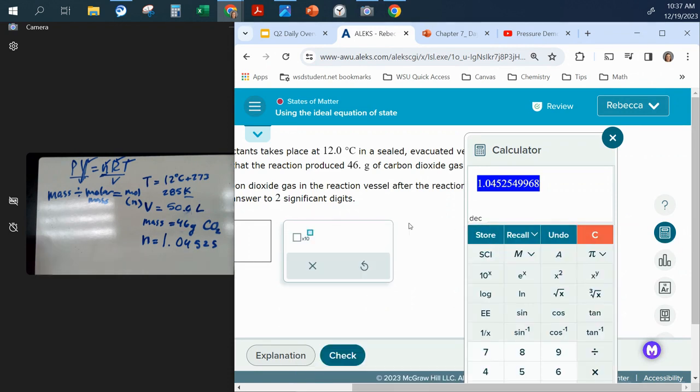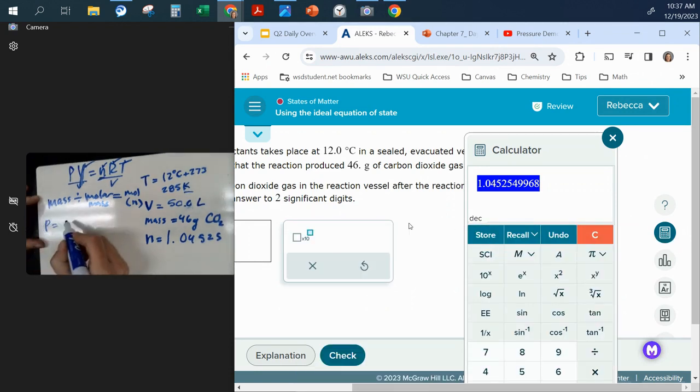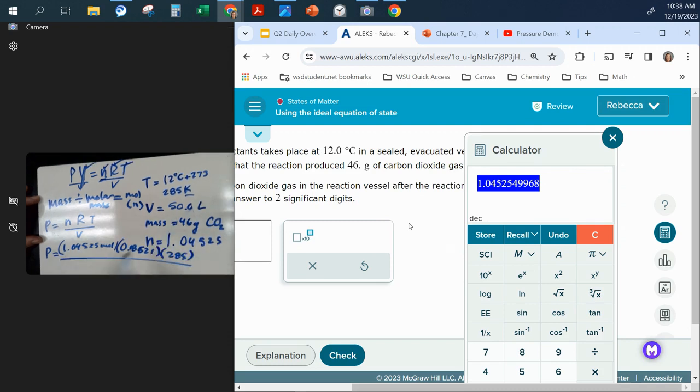Okay, so let's go through. So we've got pressure is equal to the number of moles that we just found, times the gas constant, times temperature, over volume. Pressure is 1.04525 moles times the gas constant, 0.08206, something like that, times the temperature, all over volume.